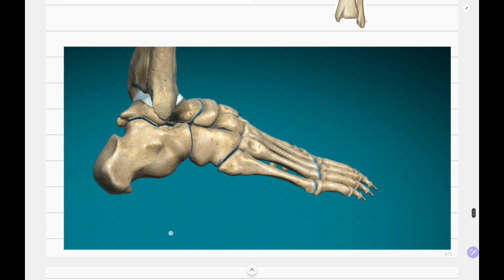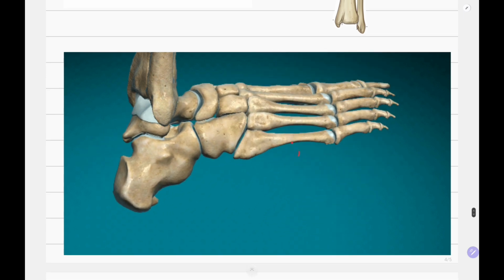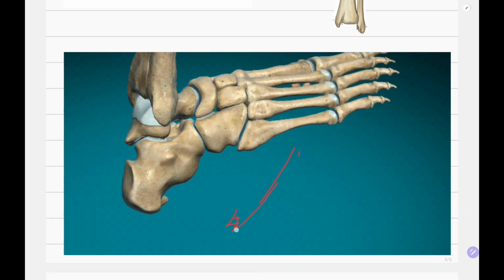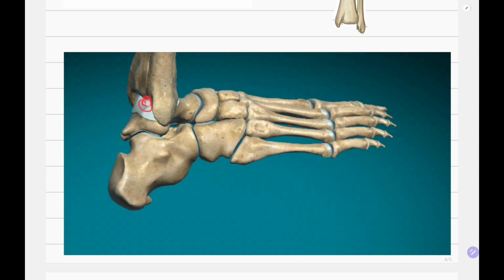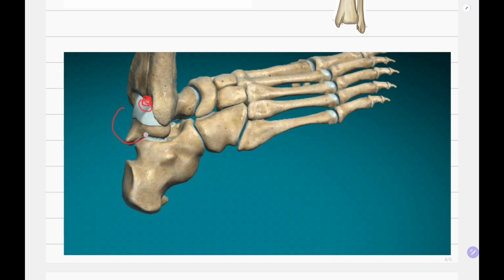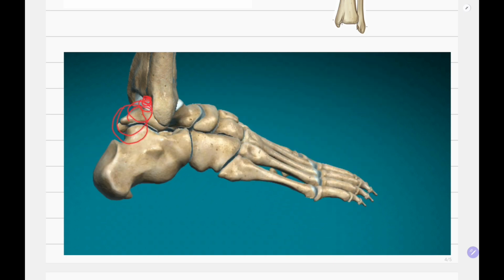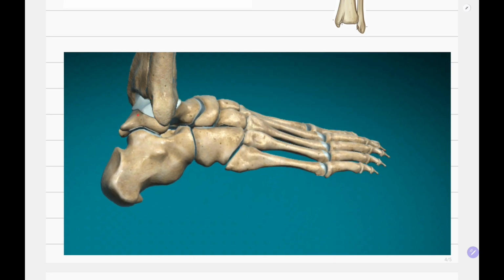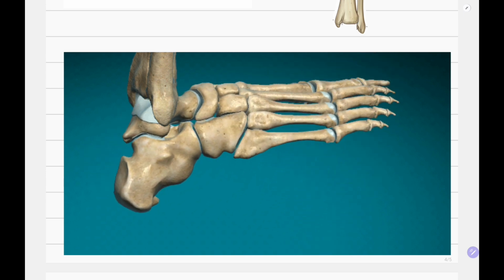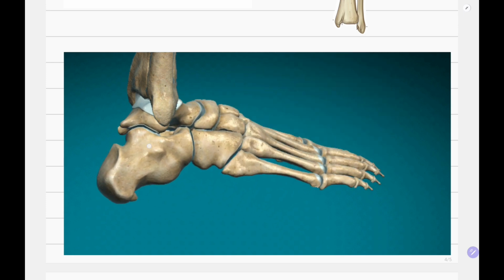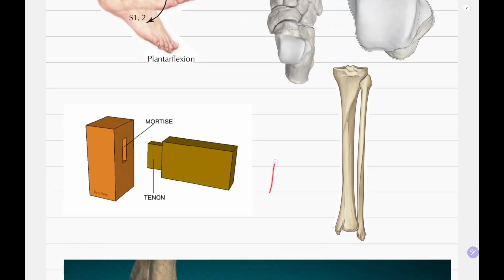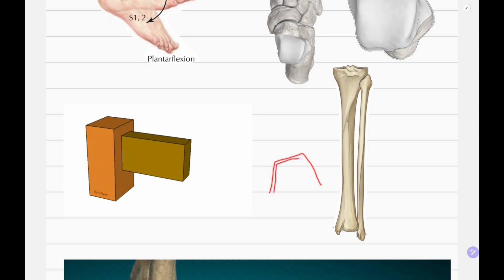Now you must be able to appreciate this. This is plantar flexion. This is the broad trochlear surface of the talus bone, and this is the narrow posterior surface. When plantar flexion occurs, the narrow posterior surface goes into the mortise, giving the extra range of movement for the joint. So for example, the mortise is like this and the trochlear surface of the talus bone fits perfectly like here.